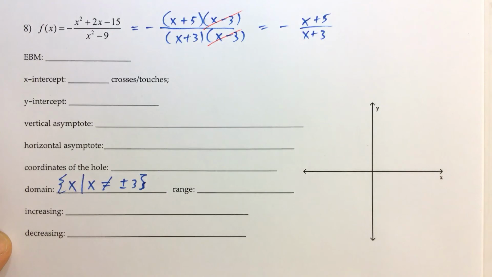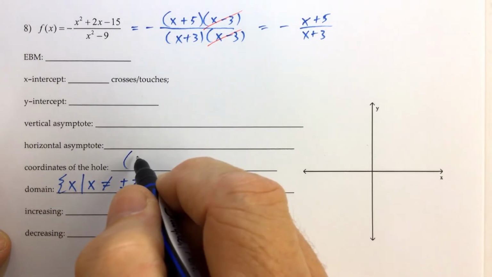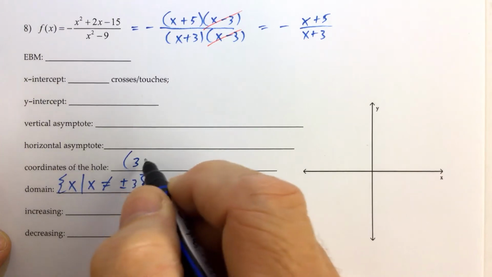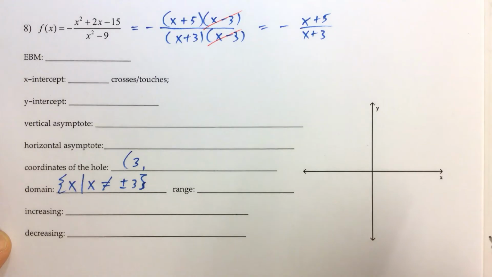So once we have a simplest form, we realize that we can find our vertical and horizontal asymptotes and things like that. But for the coordinates of the hole, since we've canceled x minus 3 as a factor, we have x equals 3 as the x-coordinate of the hole.